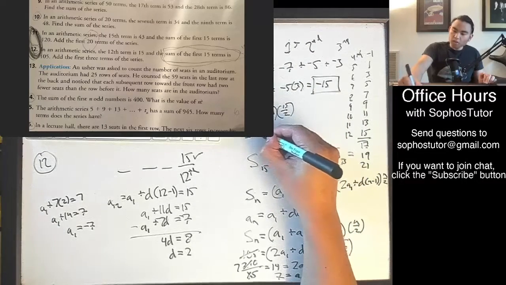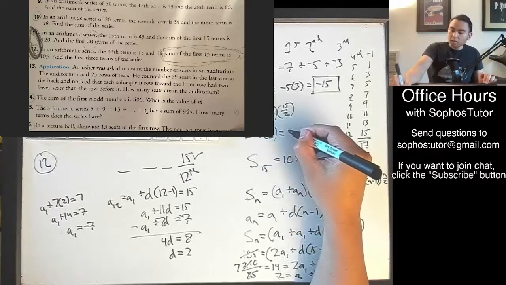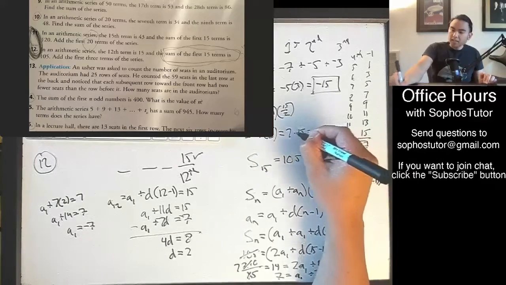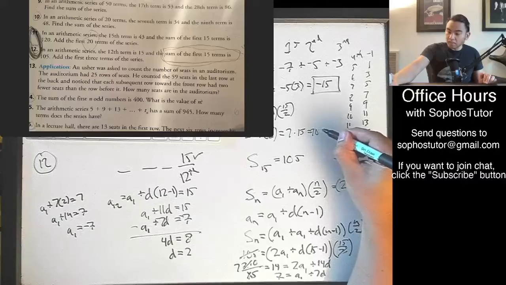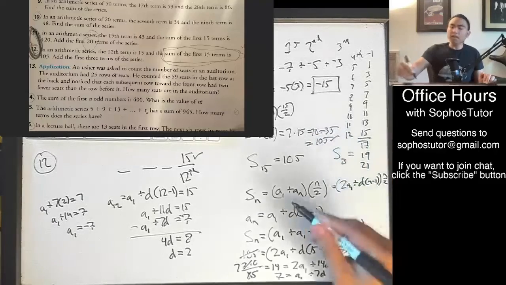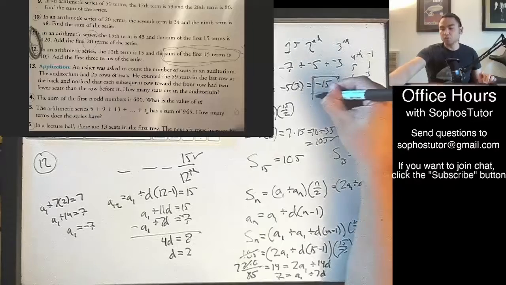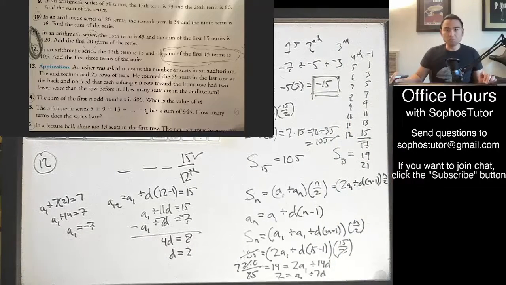So we should get 14 times 15 over 2. This should equal 7 times 15. 7 times 10 is 70, plus 7 times 5, which is 35, and that indeed gets us 105. So it seems like everything checks out. Therefore, I'm pretty confident that the sum of the first three terms is equal to negative 15.